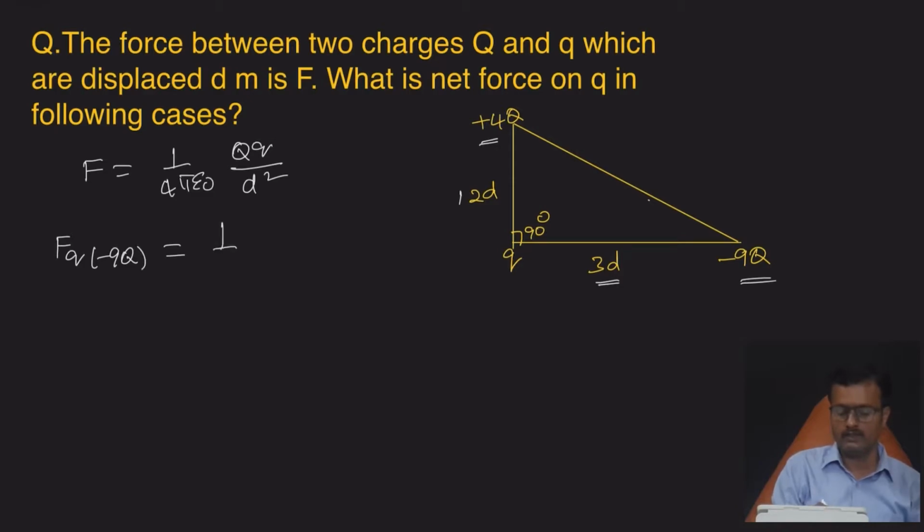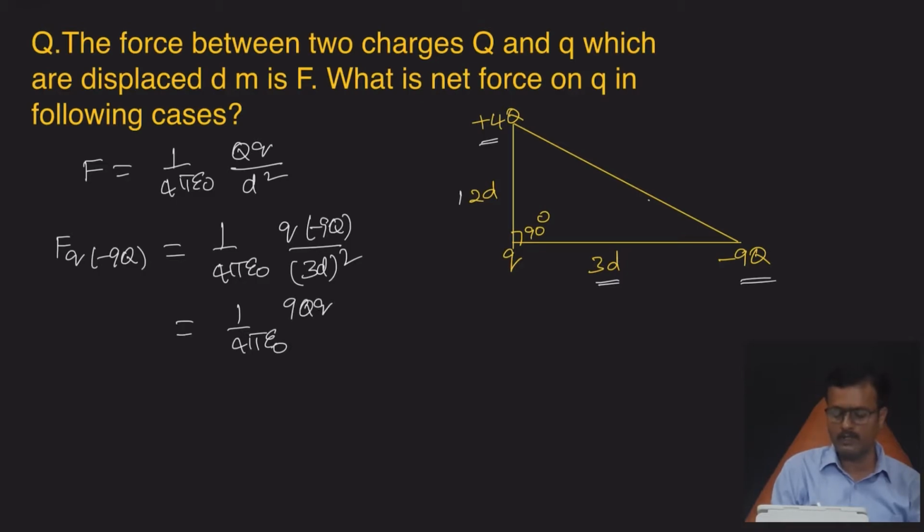So what is that? 1 by 4 pi epsilon naught q1 q2 by r square. What is the distance? That is 3d whole square. So that is 1 by 4 pi epsilon naught, minus 9Q into q, that is 9Q into q.